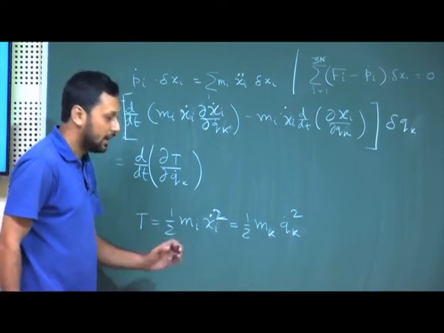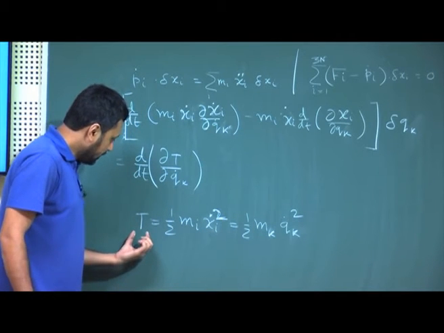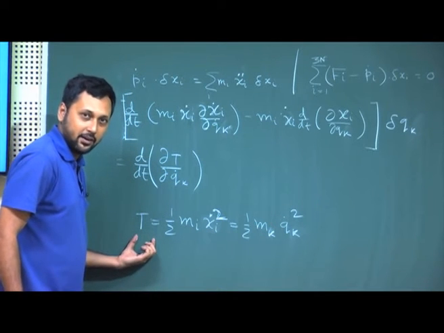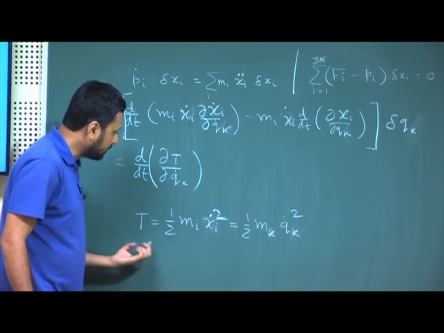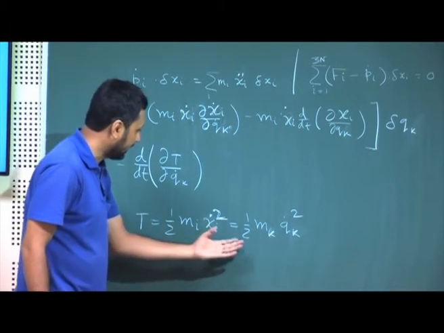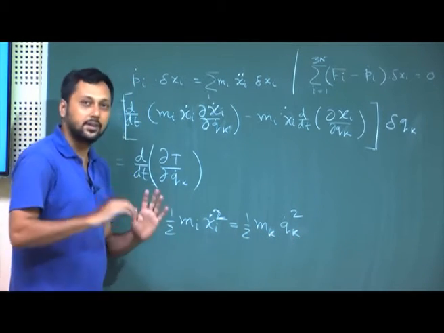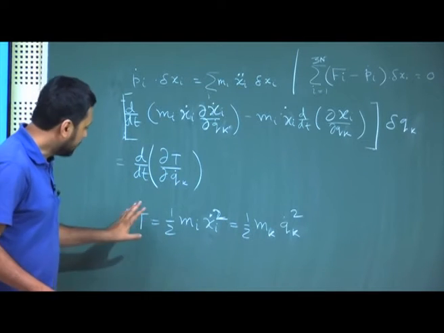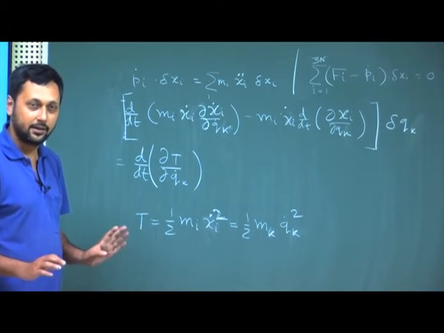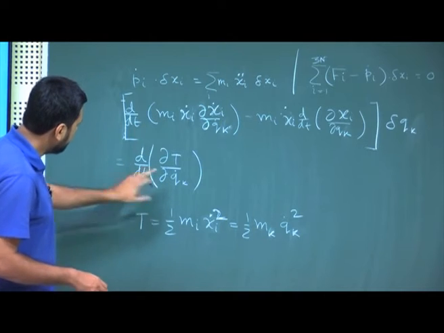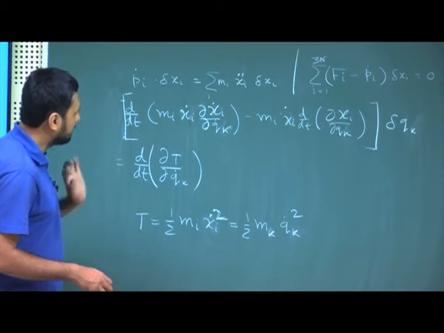The good thing is your kinetic energy is frame independent. Whether you express it in Cartesian coordinates or in some generalized coordinates, it does not matter, your T remains your T, the total kinetic energy is invariant. So, the first term can be written in this particular form.